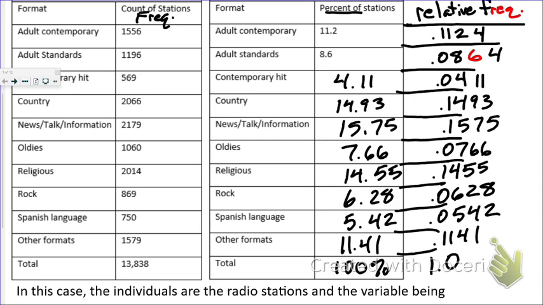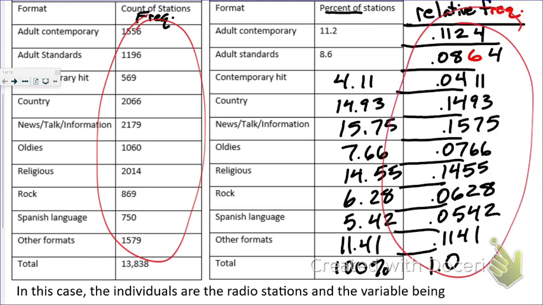One thing I will say is if all you have is one group sorted into categories like we have right here, you are welcome to just leave it as frequency over here. These are A-OK. But the moment I compare, I have to have relative frequencies. We talk about this again later. So this is the U.S. broken down by radio stations.